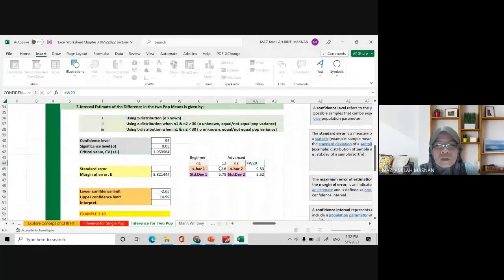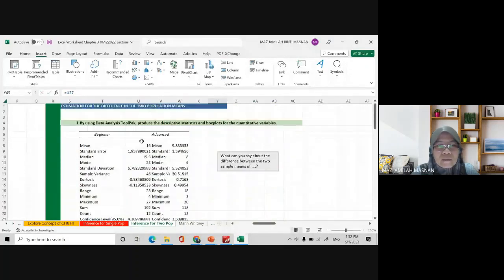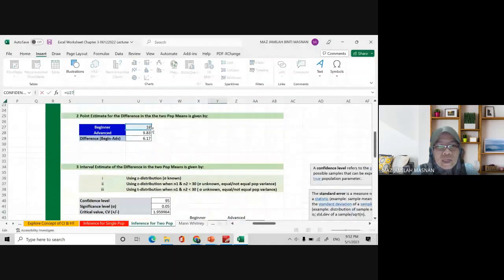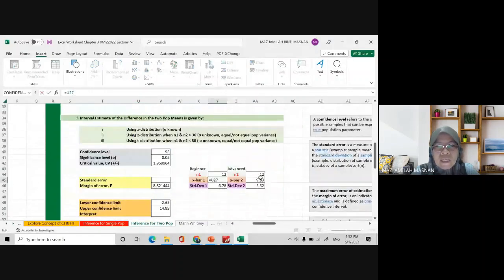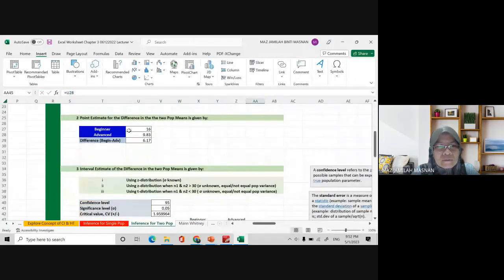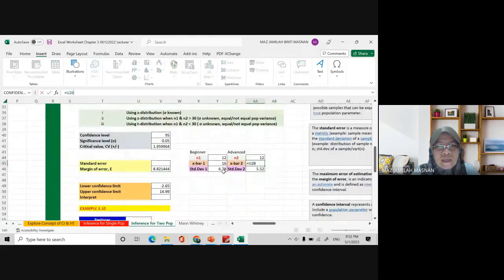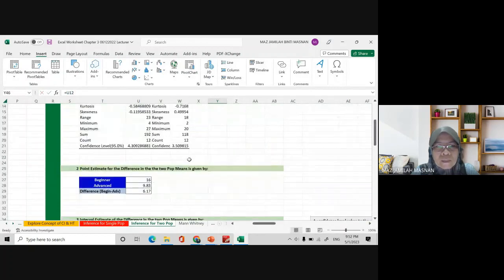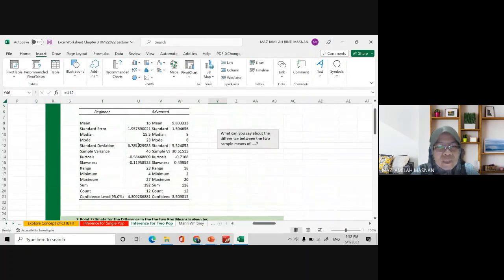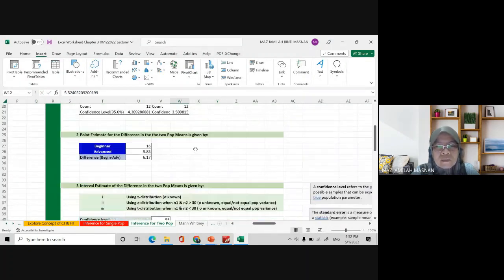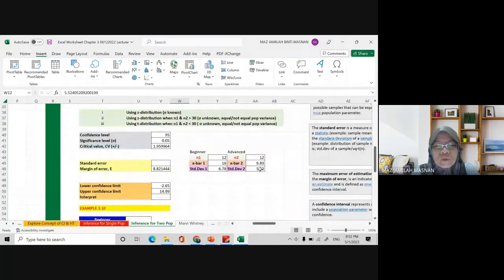Then I call the x bar, the mean, which I take from here, and the second mean from here, and the standard deviation for each. We have the standard deviation from the start here. I just put it into 2 decimal points so it will be easy.